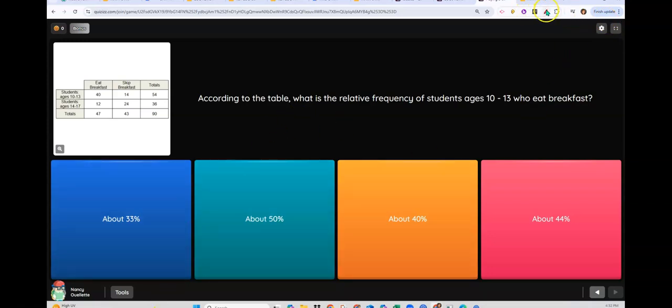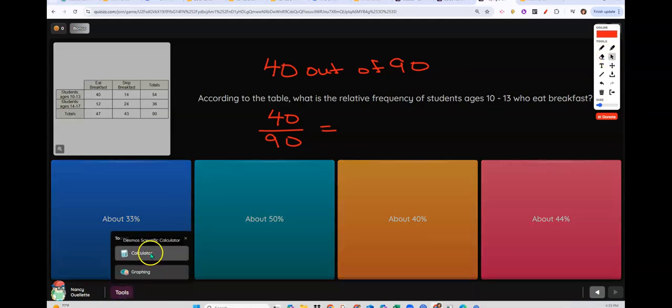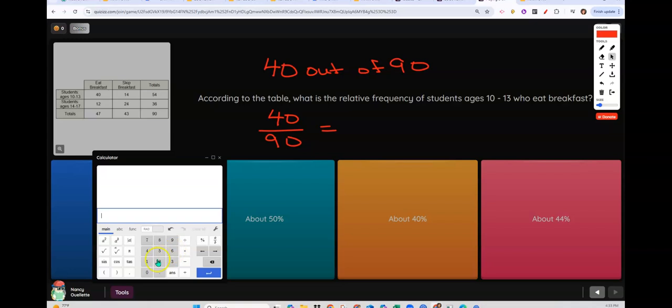So then going back, oh, let me get my marker again. So that would be 40 out of 90. And the way to find that percentage is just to divide 40 divided by 90. Okay, that is 0.44, and the 4 repeats, so we would round that to 0.44.